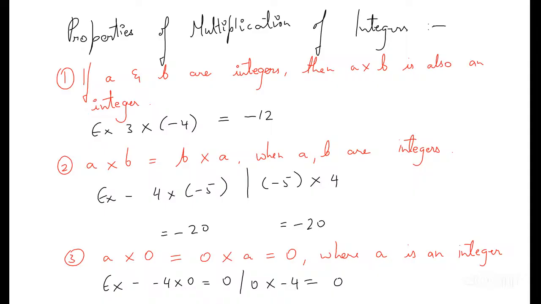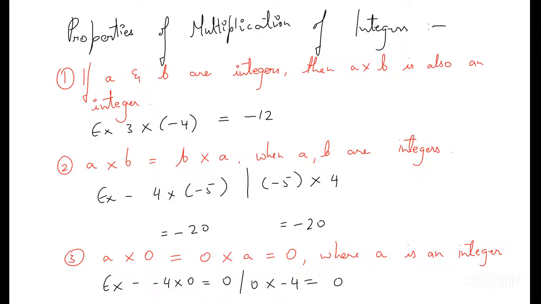Because 0 is a different integer. We have positive integers, negative integers, and there is only one integer that is neither positive nor negative, which is 0. It's neutral. 0 is not positive, 0 is not negative.